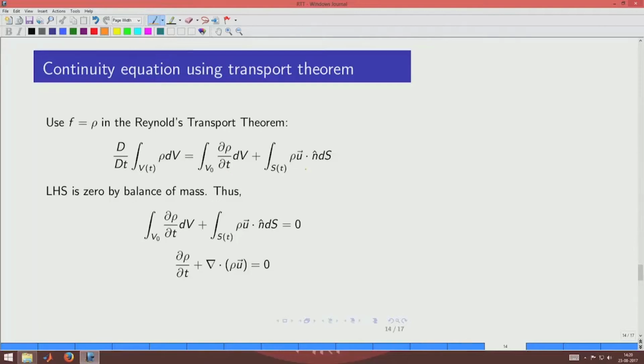We then expand, and immediately on the right hand side the term gives you the equation that we already know. The left hand side has to be 0 because you cannot have mass change, and therefore, the right hand side has to be 0, and immediately we see that the continuity equation has come out of it.